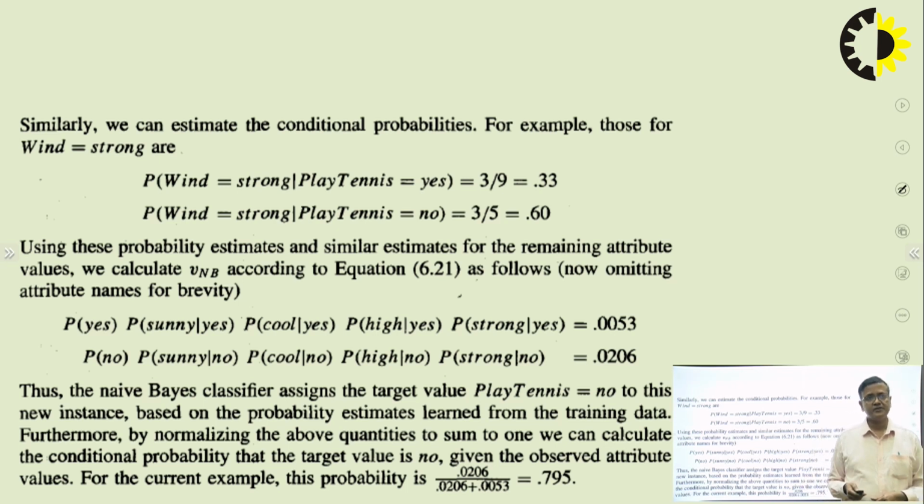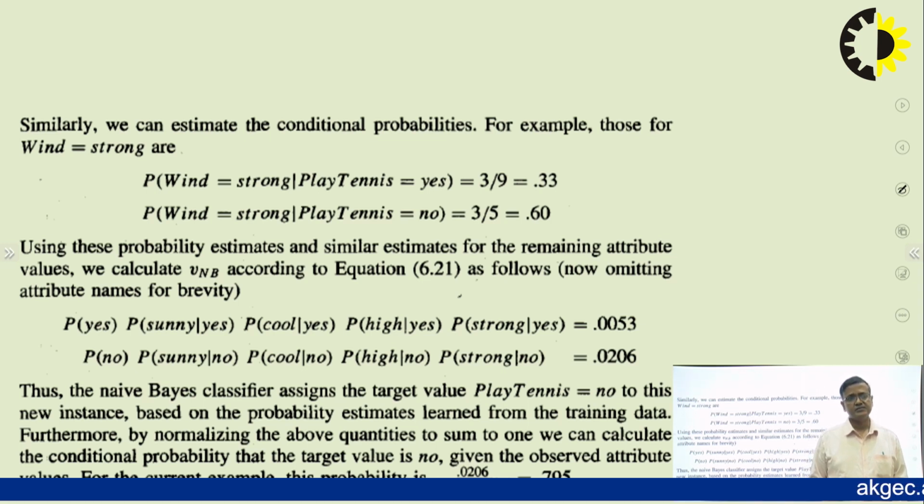Similarly, for the target value play tennis equal to no, we will see that wind equal to strong again comes out in 3 rows. Because we have a total of 5 negative examples, the probability of wind equal to strong, given that play tennis is equal to no, is 3 by 5, which comes out to be 0.60.